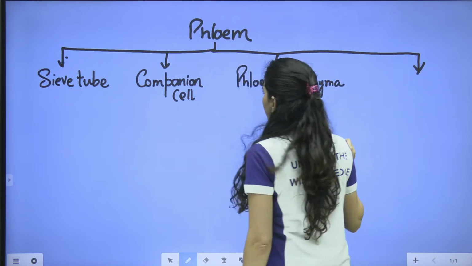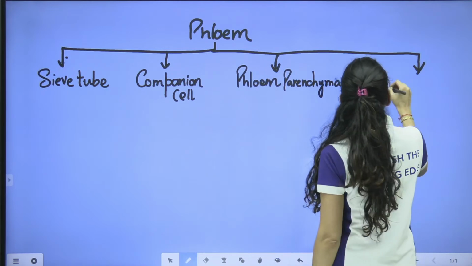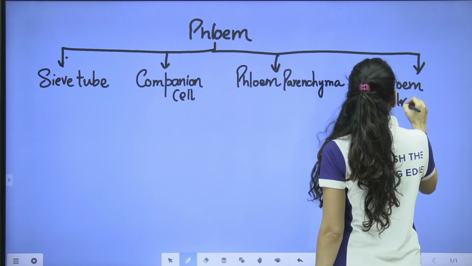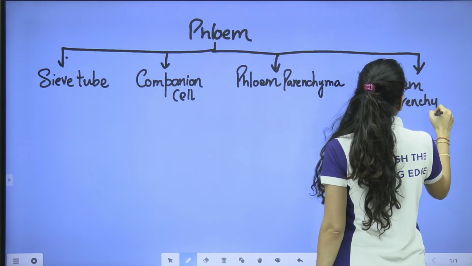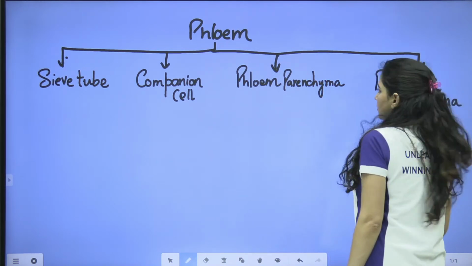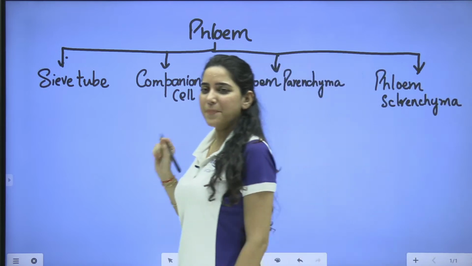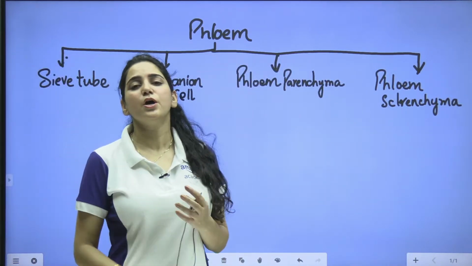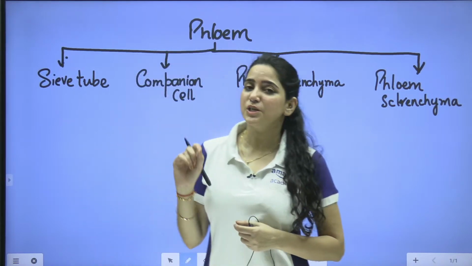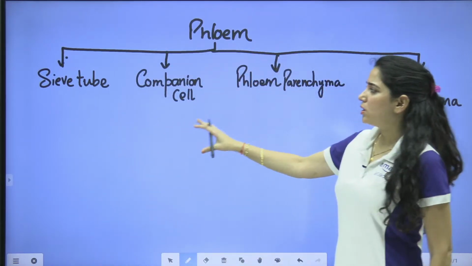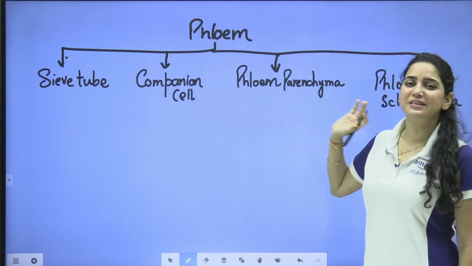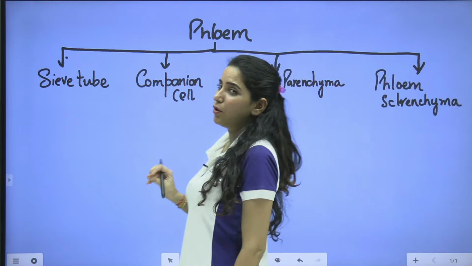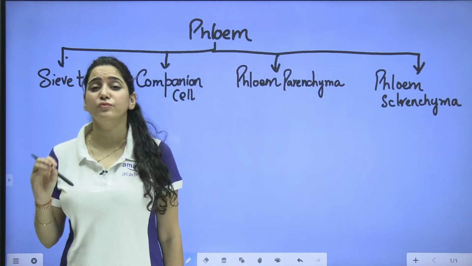Then phloem fibres. So seed tube, companion cell, phloem parenchyma, phloem fibres. These are the four components of a mature phloem. Beta, all these components are present in angiosperms. उनमें सब कुछ होगा.